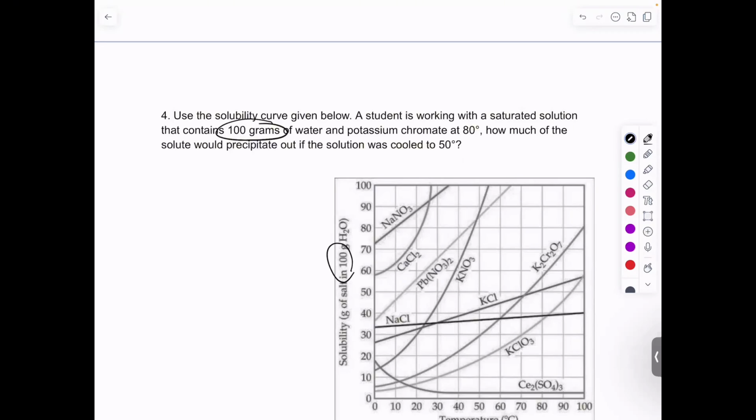Potassium chromate, I identify that being potassium is K, chromate's the Cr2O7. So we're looking at this particular salt right here, and I see it right here. I'll go ahead and see if I can draw on it, kind of highlight it for you guys, so you can see it, and then we'll work this problem.